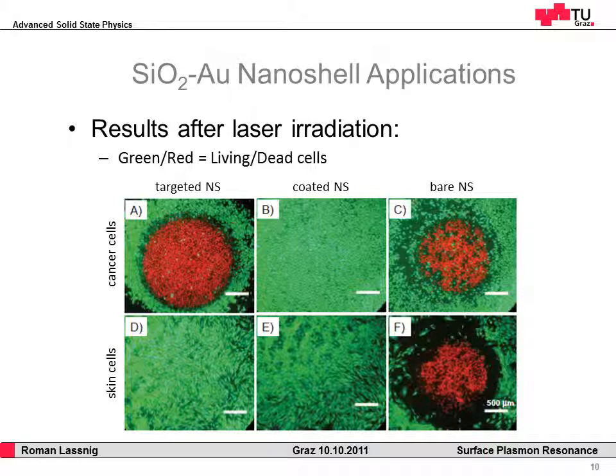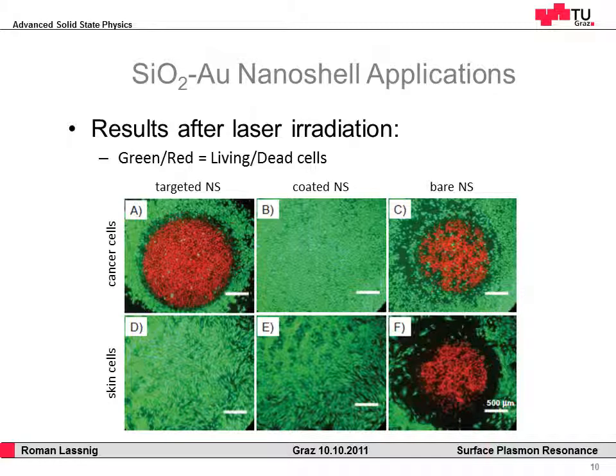And then you see different types of nanoshells: targeted nanoshells, just the coated nanoshells with this polymer I talked about, and bare nanoshells. So bare nanoshells are irradiated, and any cell they touch gets a heat transfer and is destroyed. So you can see the destroyed red cells, skin cells and cancer cells alike, so no difference.